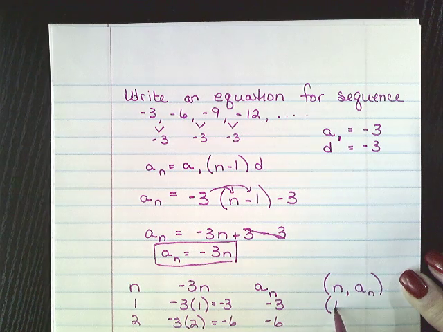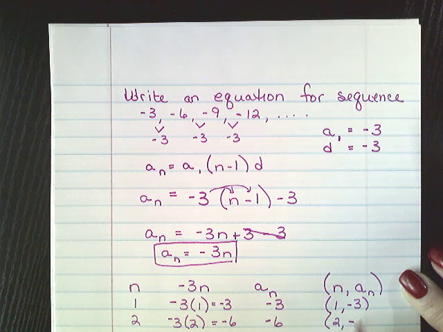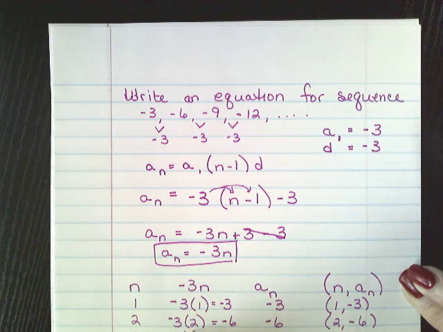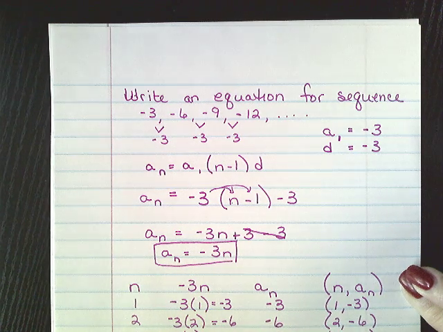Sorry, over here it should be 1, negative 3, 2, negative 6. Negative 3 times 3 is equal to negative 9. So that would be 3, negative 9. Negative 3 times 4 is equal to negative 12. So that's going to be 4, negative 12.